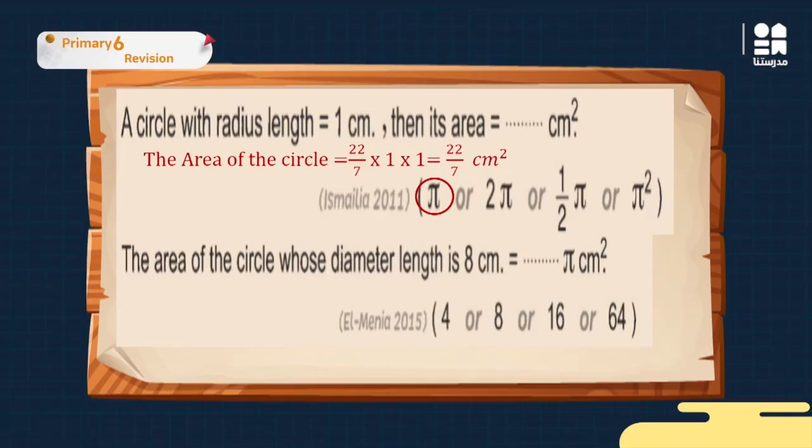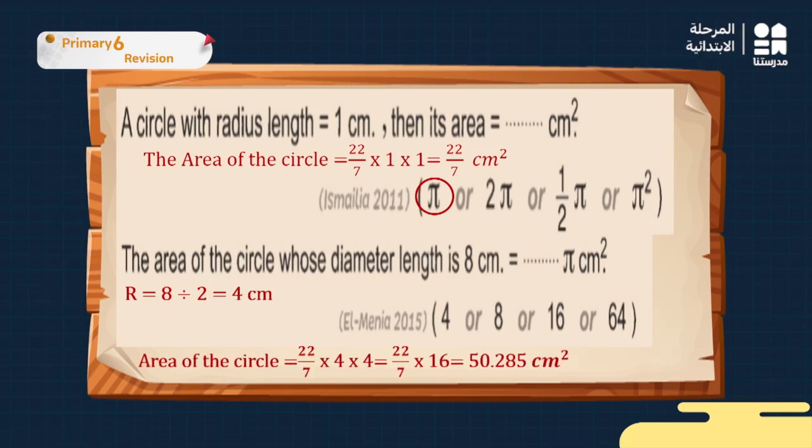Here I have the area of the circle whose diameter length is 8. It gives me the diameter, so to find the radius, you make the diameter divided by 2. It will be 4, of course. Then you write the rule 22 out of 7 times 4 times 4, which is radius times radius.